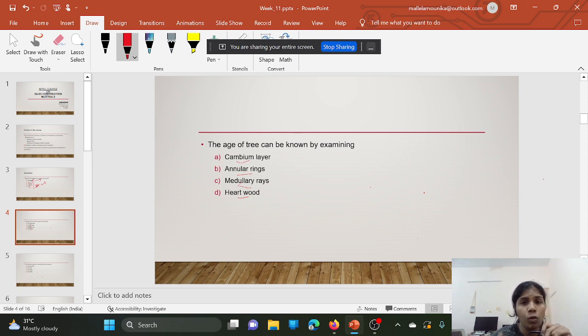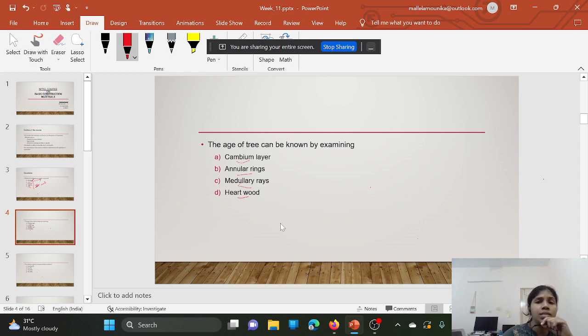These are all the different components. Which particular component pertains to the age of the tree? Based on that, you can say what would be the age of the tree, whether it is 10 years or 15 years. What would be the age of the tree by examining one of the properties?